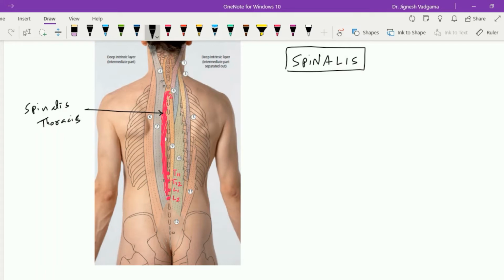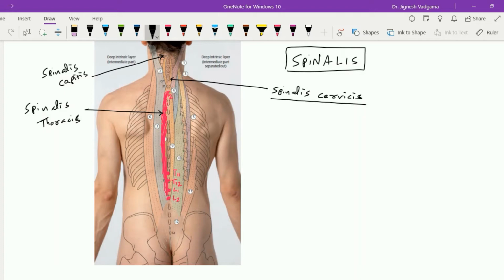It is the largest part of the spinalis muscle, while the two other parts, the spinalis cervicis and spinalis capitis, are often absent, and most of the time they are not distinguishable.